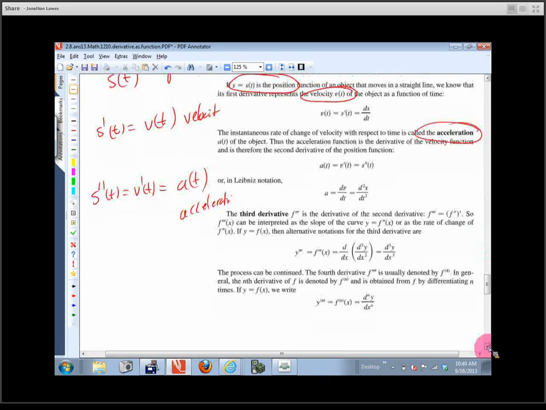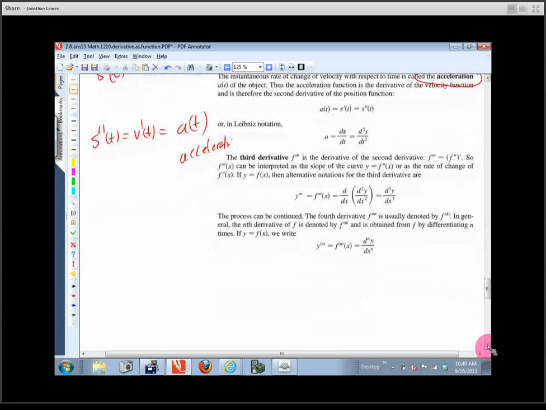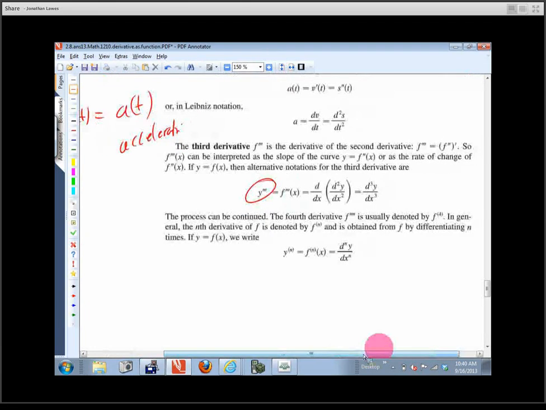So I suppose we could keep going, and we could get what we call, well, let's see, f prime, f double prime, f triple prime. These are called higher order derivatives. And that, of course, would be the third derivative and so forth.